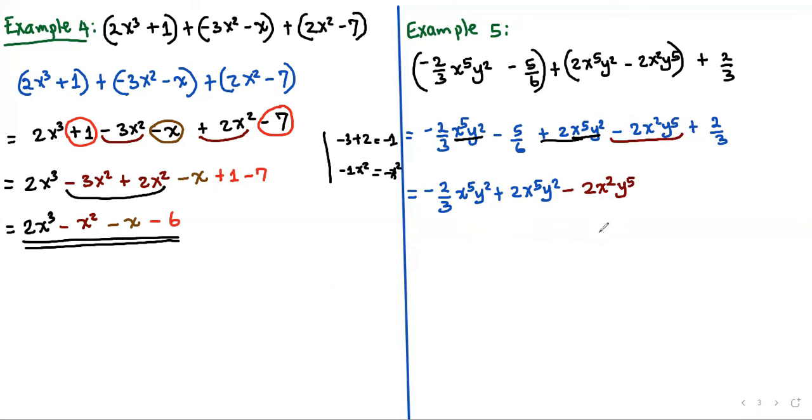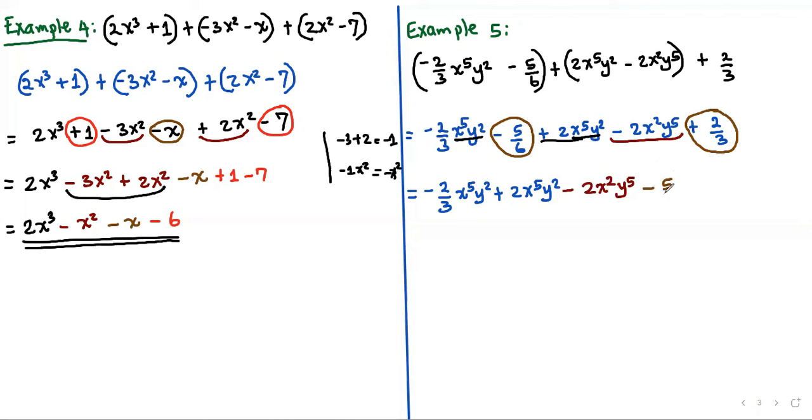So do we have any other like term as this one? No, we have seen that already. So now we write the constants. So the constants, we are having this one, minus 5 out of 6 and plus 2 out of 3.